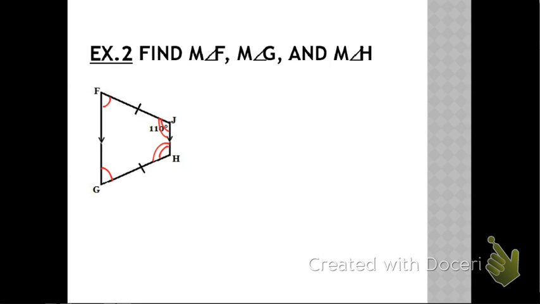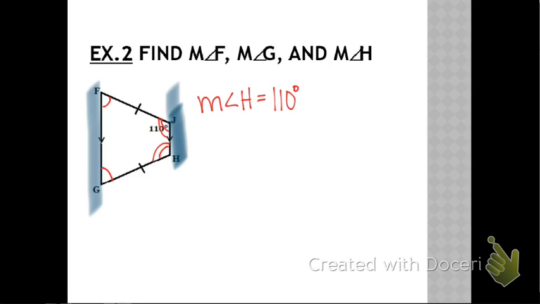In this case, the measure of angle H is probably the easiest one to know. It has to equal 110 degrees. To find F and G, we know they are going to be the same, but this goes back to one of our warm-ups. If we have these parallel lines cut by this transversal, then these are consecutive interior angles, and they have to add up to 180 degrees.